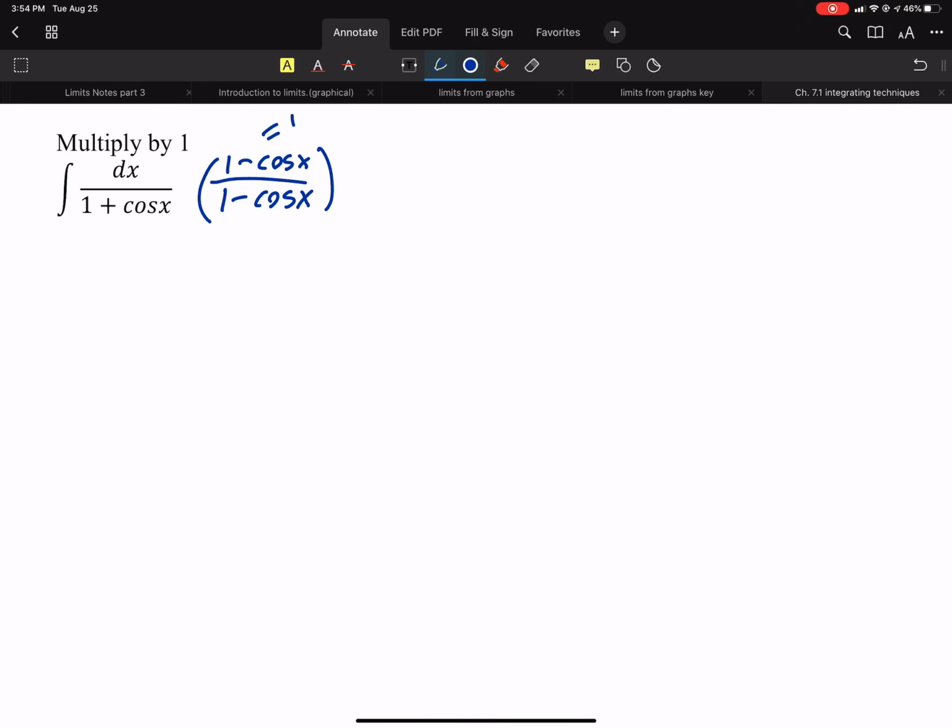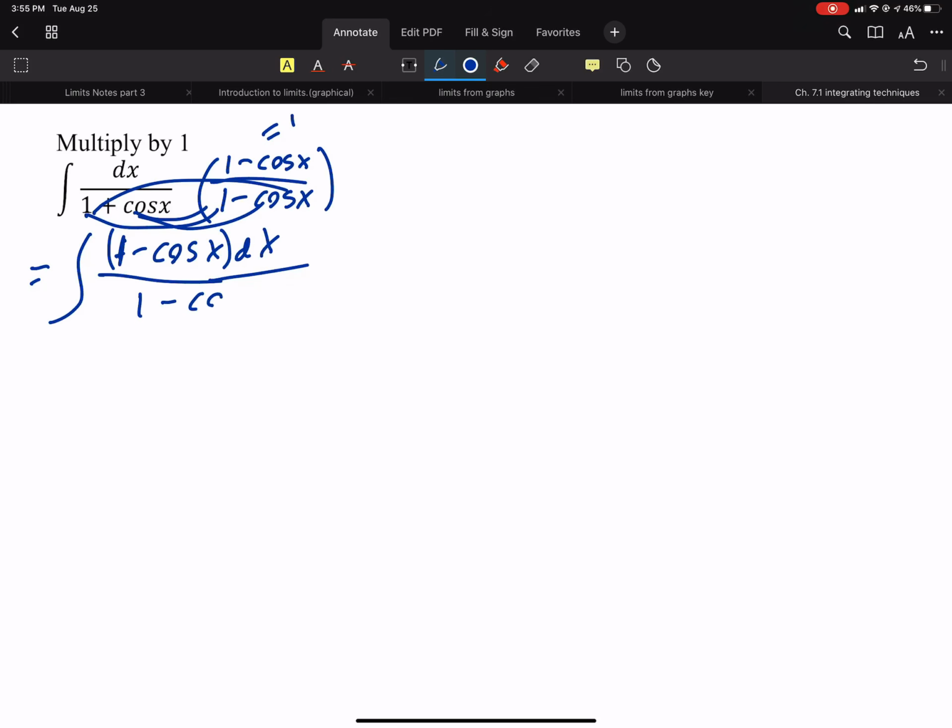So now this becomes this over, and if you multiply and distribute all these things, you get 1 minus cos squared x. Now again, a reminder, cos squared x plus sine squared x equals 1.